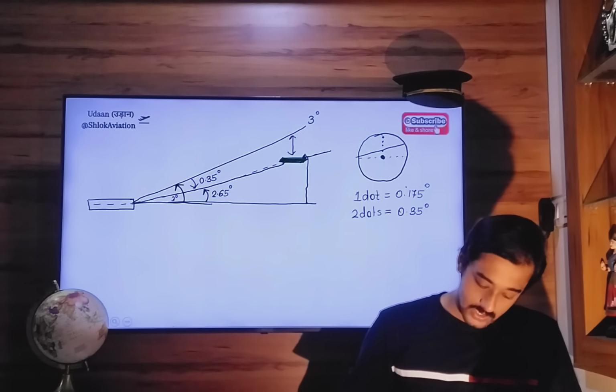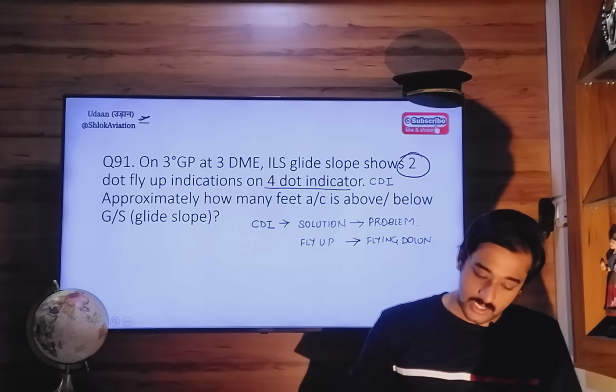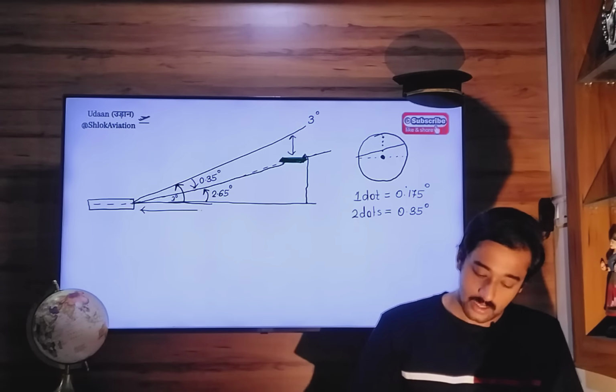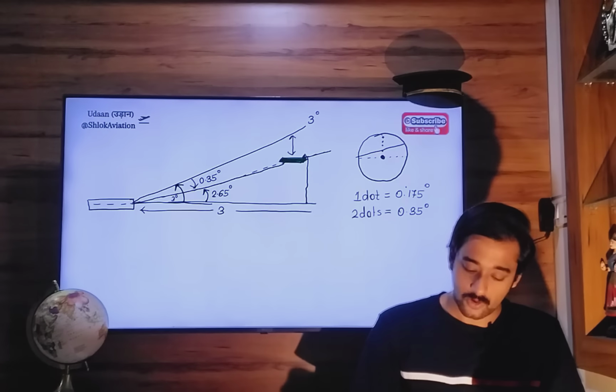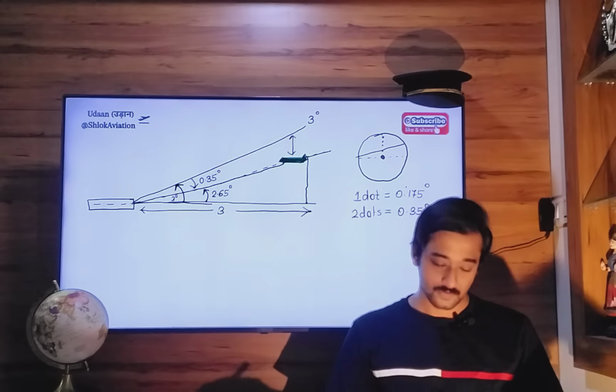What is the horizontal distance? We are 3 nautical miles from the runway.